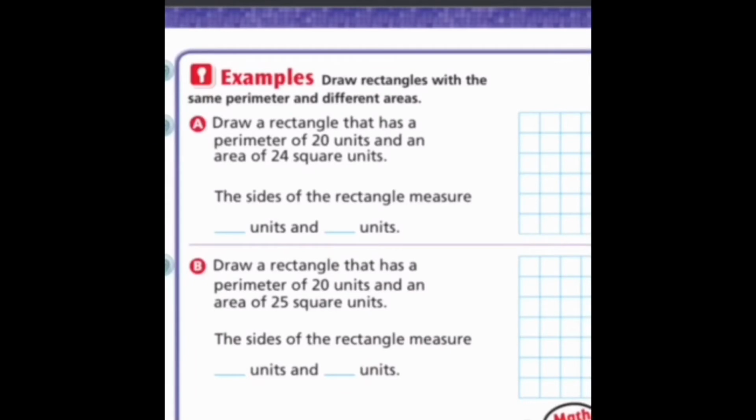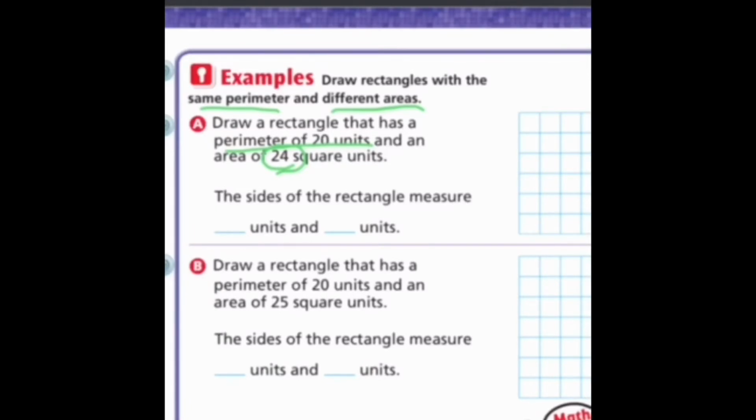Okay. Draw rectangles with the same perimeter, which is what we just did, with different areas. Draw a rectangle that has a perimeter of 20 units and an area of 24. Okay, so if it has an area of 24, that means it's two numbers multiplied together that equal 24.